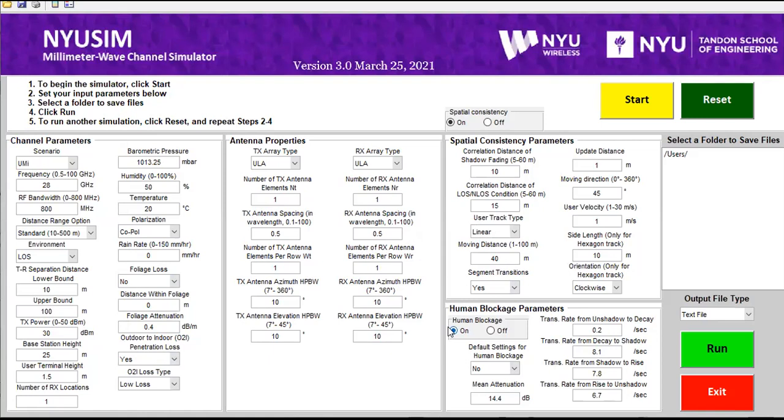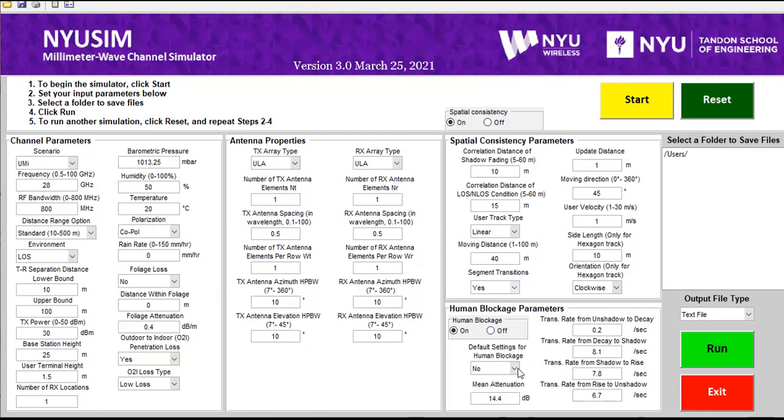But apparently, this distance should be within the lower and upper bound. The difference between upper bound and lower bound should be equal to or higher than the moving distance value. That's my assumption. You may check these things. It won't be possible to run too many simulations to check all different variations.